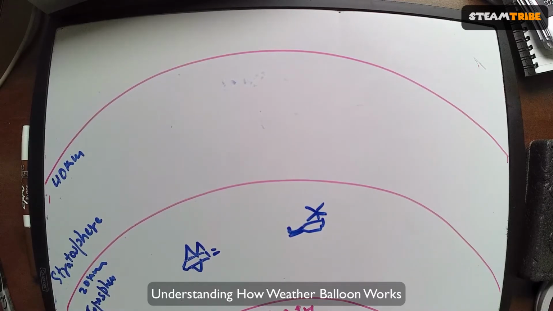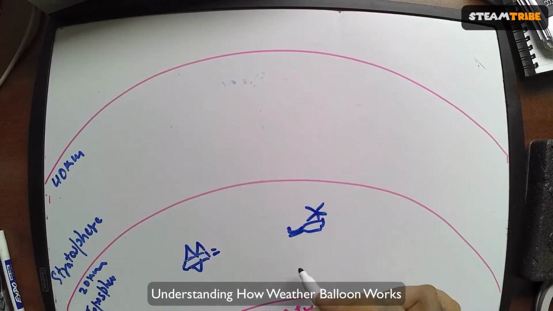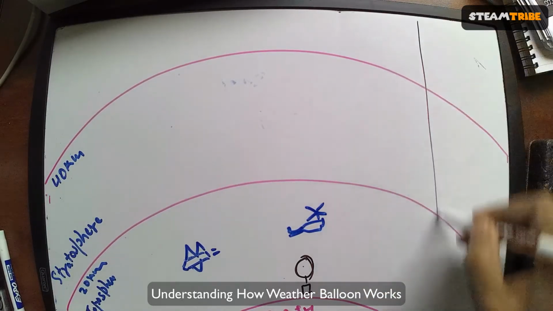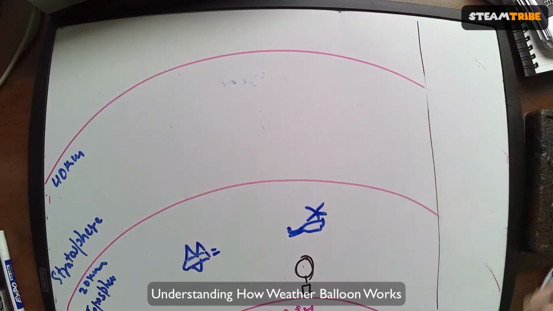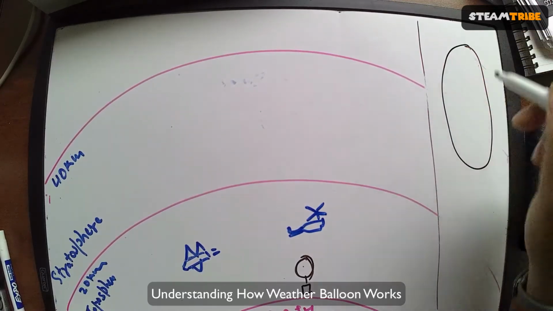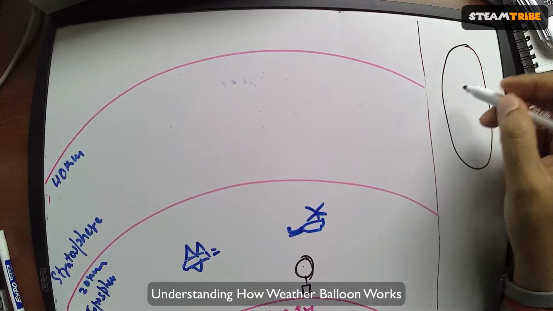So now say this is a weather balloon. We have a weather balloon that's here. It has a balloon, and this is a payload. Let's design an ideal weather balloon, right? So this is a weather balloon. This is a balloon.